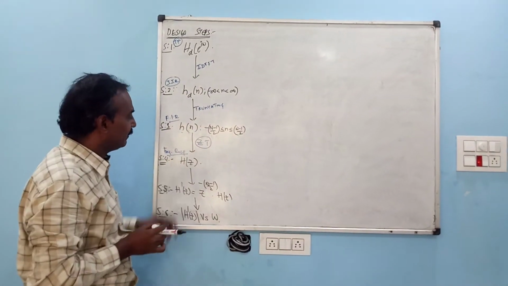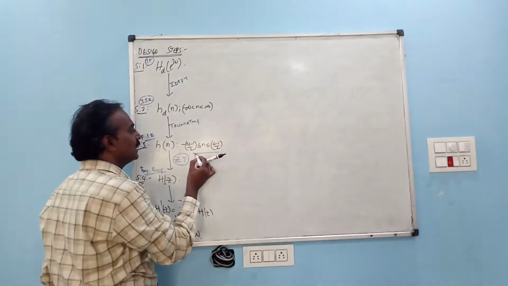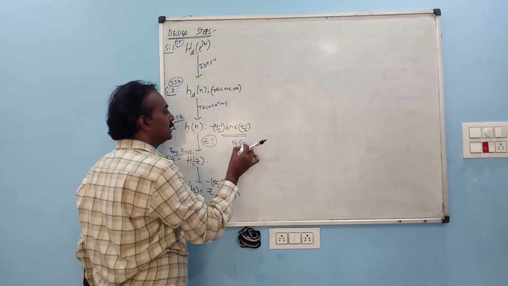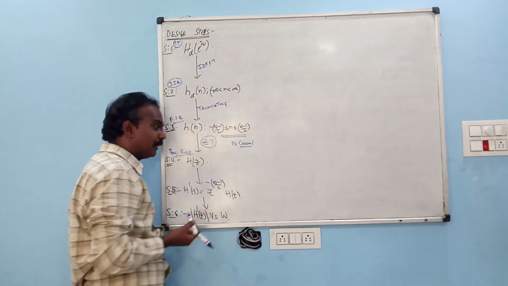Once I get the frequency response, this is non-causal, so we make it causal by shifting to the right by (N minus 1) by 2.